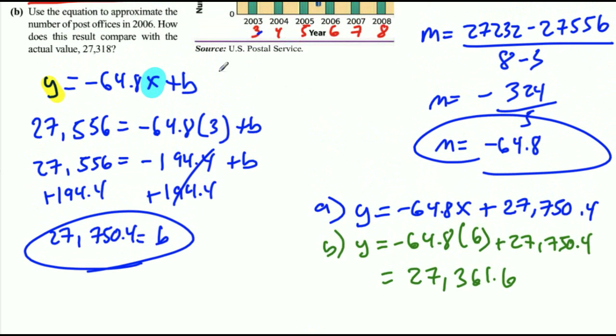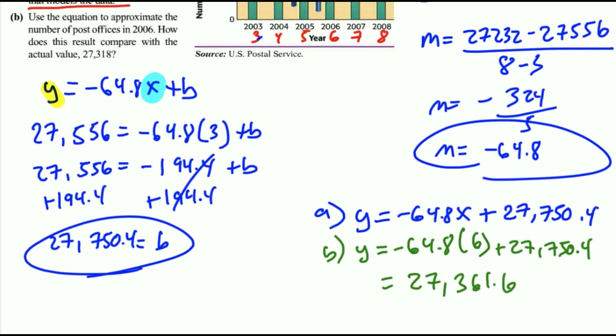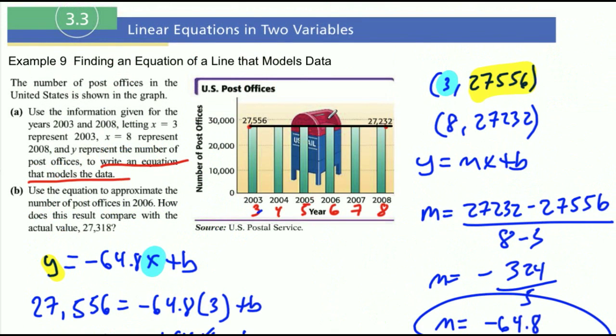And how does the result compare with the actual value? Well, this is 27,361. This is 27,318. So obviously this is bigger. And actually that does make sense because it looks like our line is slightly above it.